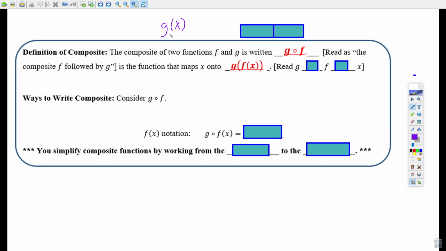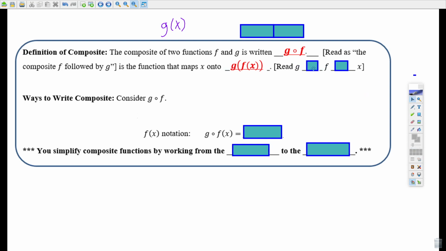And how you read that, it's been a while since we've seen it, but the way you read that is g of x. That's how you read it. G of x. Okay? So when you go down here to this new one, how do you read this? Kind of the parenthesis set is the word "of."